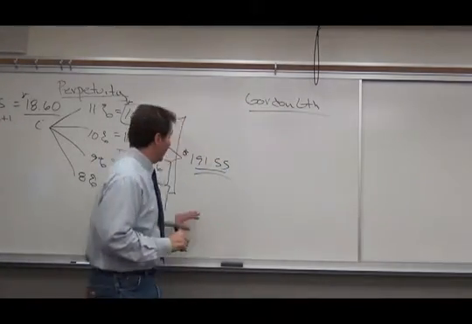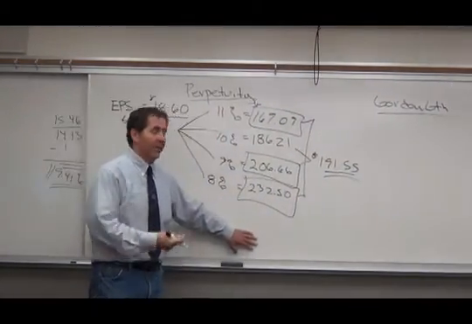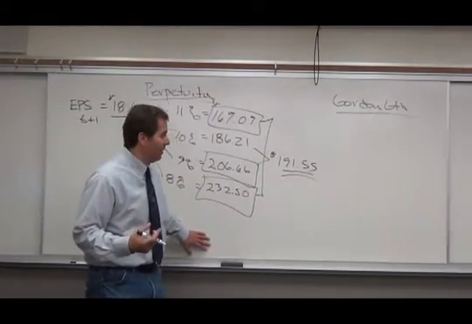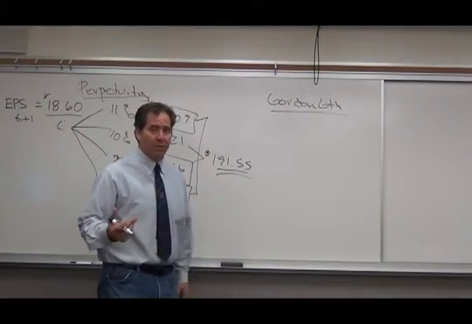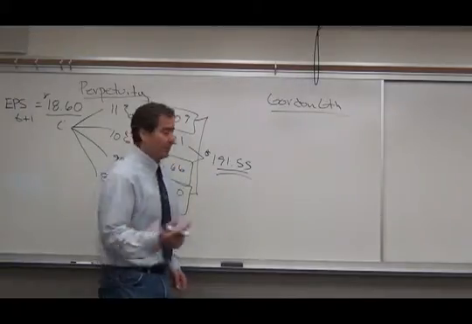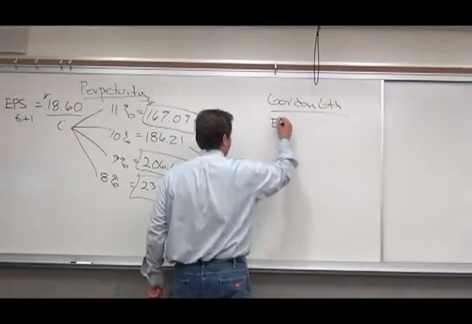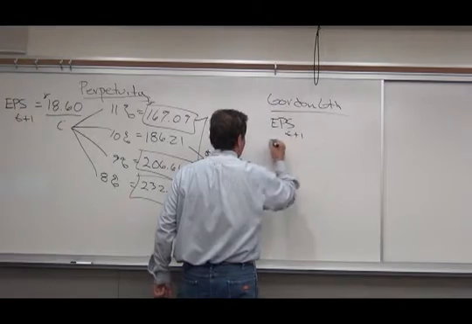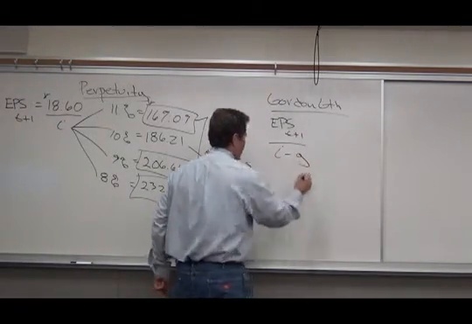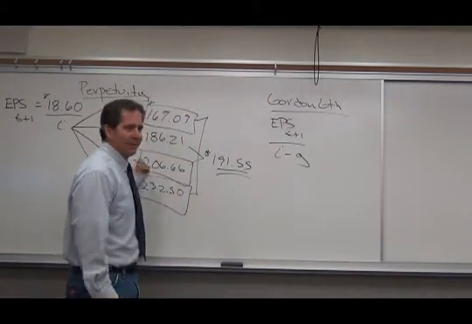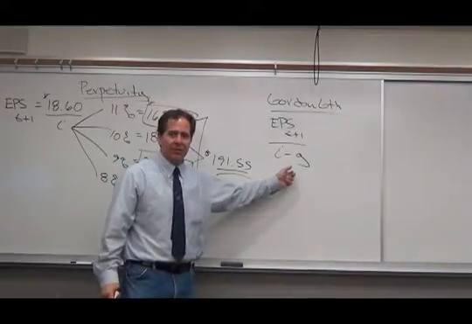Well, we already ran a zero growth rate scenario because that's the perpetuity. So for the Gordon growth scenarios, you're going to use EPS at T plus 1 over I minus G. Well, we already have the I's, so now we need the G's.